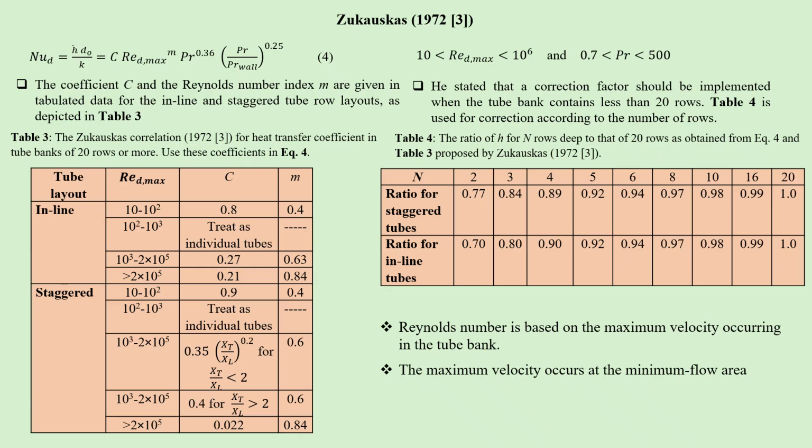Then for staggered tubes, we have a factor of 0.97 to be multiplied by the value obtained from equation 4 with the help of table 3. And if it is inline with 4 rows, then we will use 0.9 to be multiplied by the results obtained from equation number 4 as well.